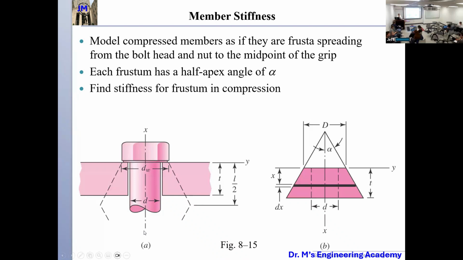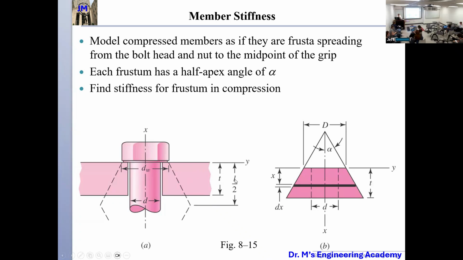I want you guys to pay attention to what I say. There are a lot of very, very tiny parameters, but they are very, very important. So one more time, DW is the washer diameter. Lowercase d is the nominal diameter of the thread, and lowercase t is the thickness of the first plate.